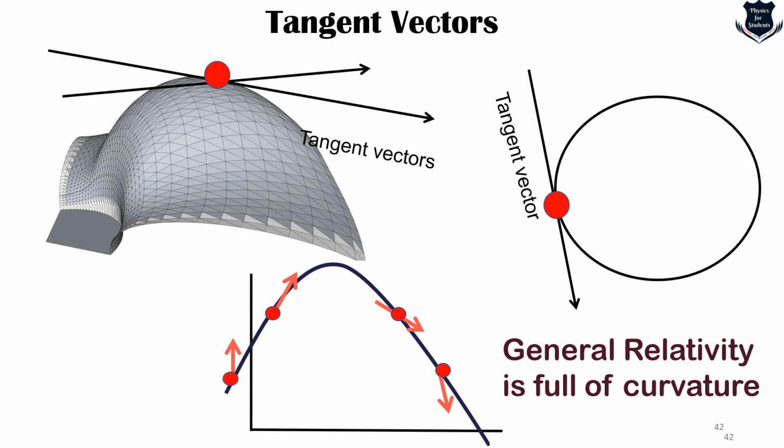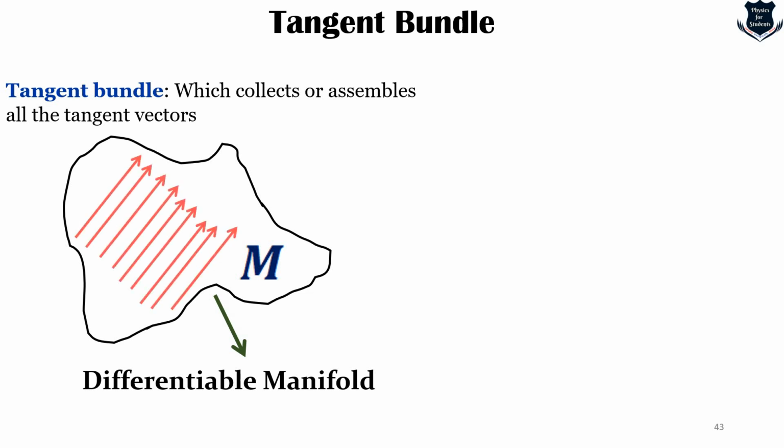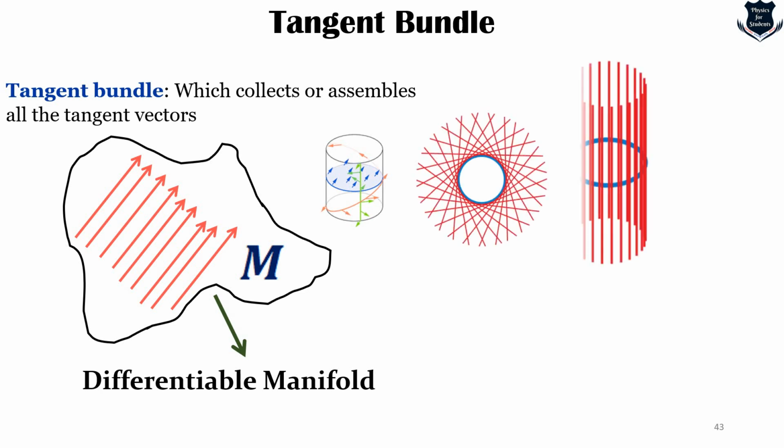So we understood what a differentiable manifold is, and what tangent vectors are. Now if we put all those tangent vectors in one small space, say for example this is a curved space, and this is M, a differentiable manifold. These orange arrows are all vectors, and now we put them in a bundle.